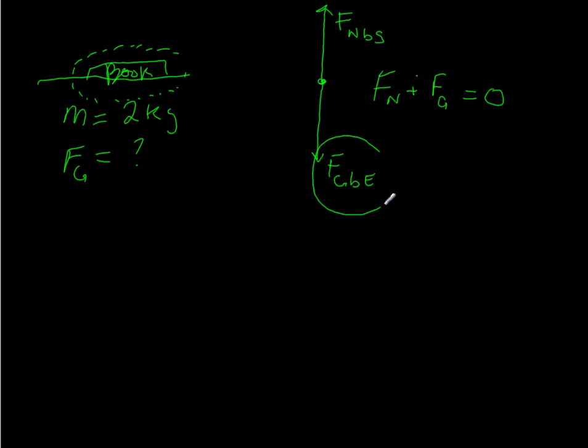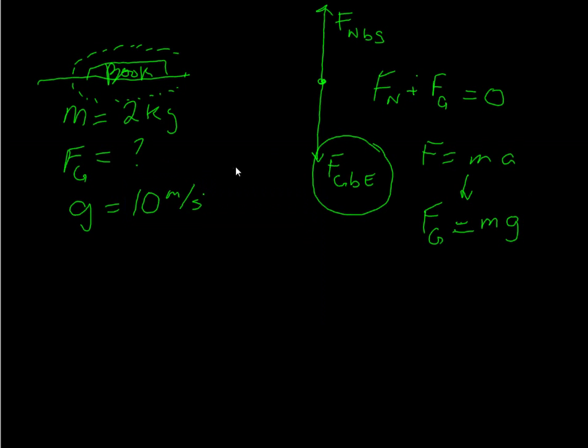Because we're dealing with Fg here, we can take this equation and rearrange it to Fg equals m times g, because we know what that value is. Little g, the acceleration of gravity, is actually 9.8 meters per second squared, or newtons per kilogram. We'll round it, because the name of the class is conceptual physics, so we are okay to make the math easy.